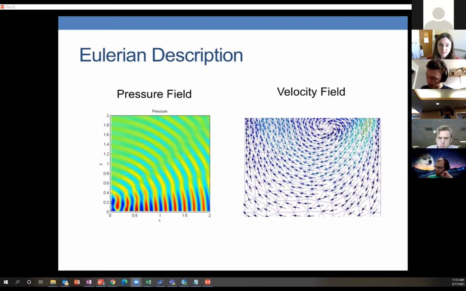And you can see a pressure field and a velocity field. What that means is you go to some XY value, and you can see what the pressure is there. Same here. As I said, the field variable shows what this property is across this control volume. You could describe it with some equation that has X and Y in it. It could also have time in it. This could also change with time.